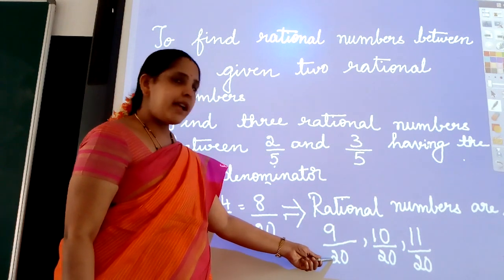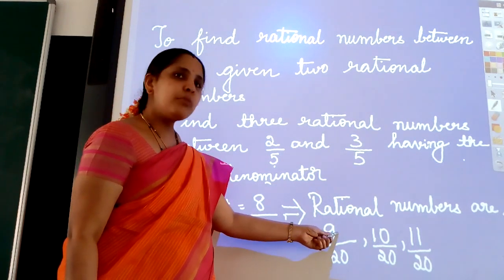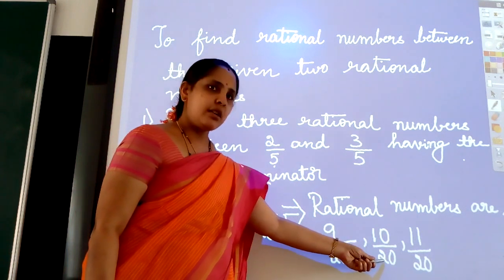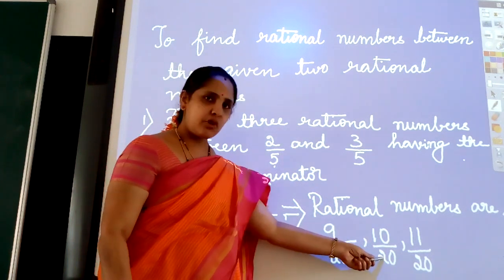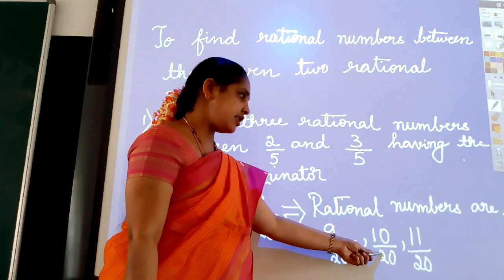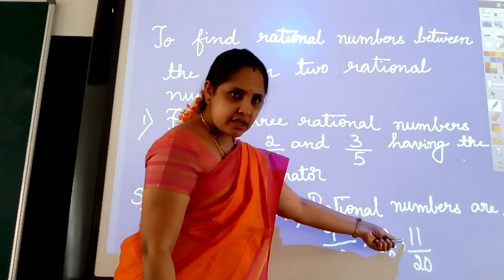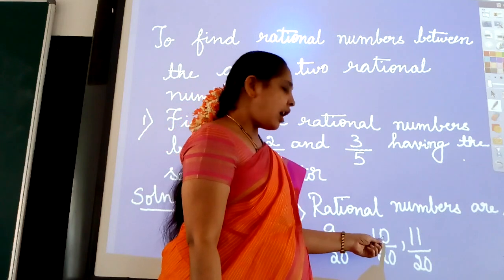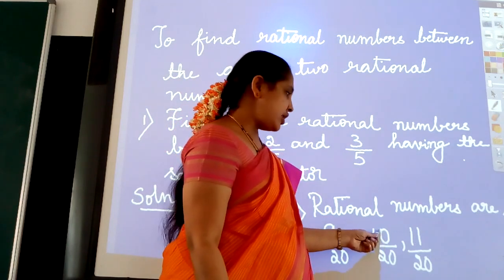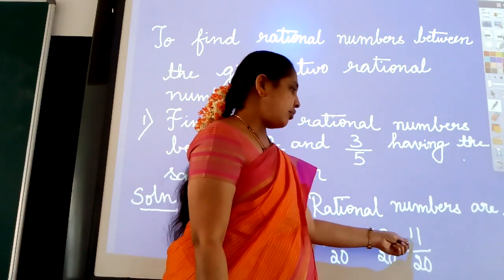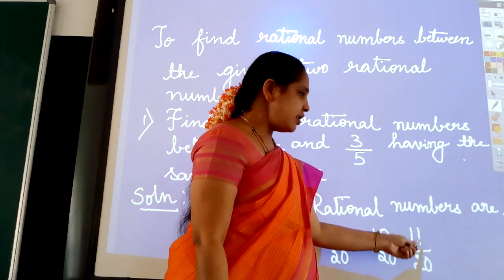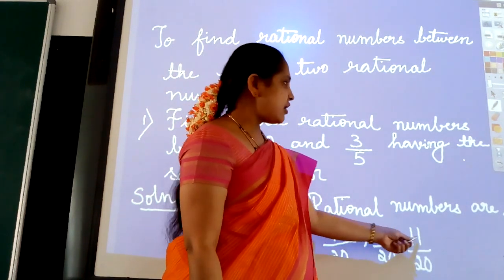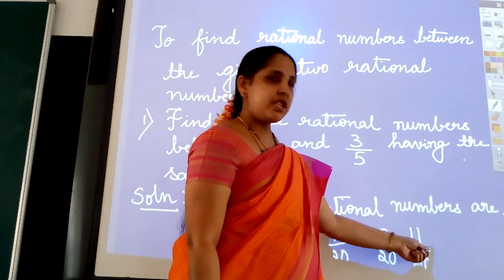Next, I add 1 to the numerator again. It becomes 10 by 20. The denominator I am not going to change; I will write it as it is. Once again, for the next rational number, I add 1 to this numerator. I get 11 by 20. The next number is 12 by 20.